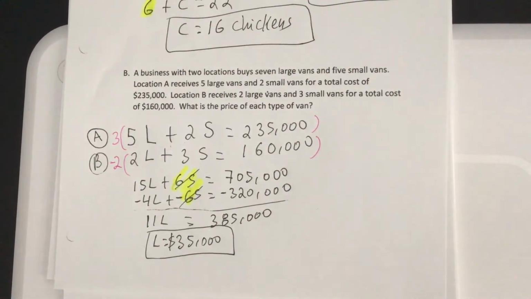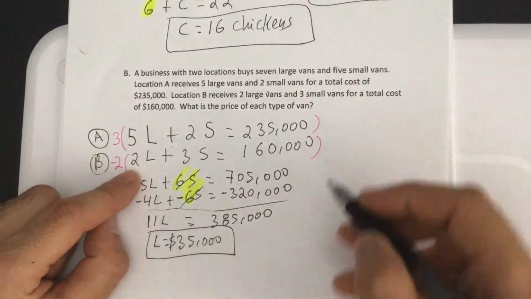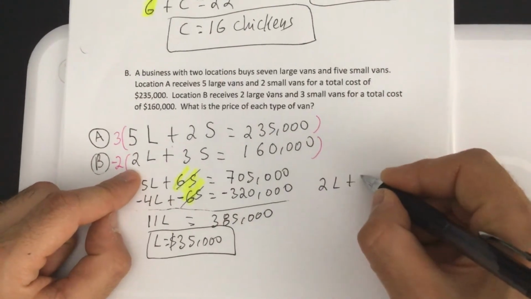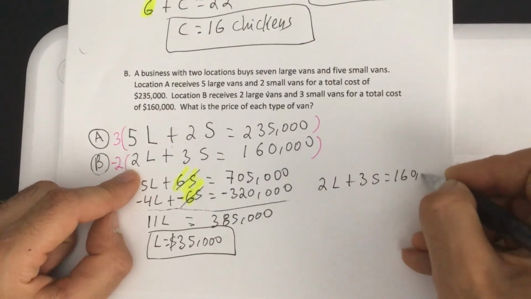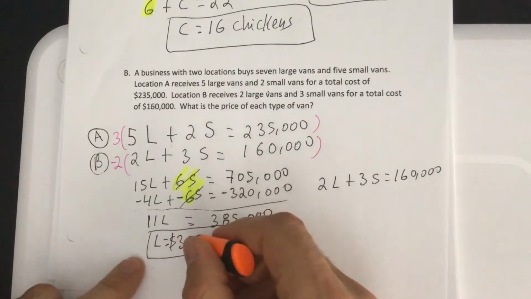Now I need the price of the small band. So I gotta do substitution. I choose one of these ones. I'm gonna choose the bottom one and do the substitution. So 2L plus 3S equals 160,000.